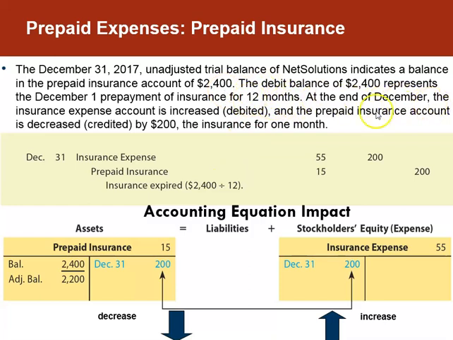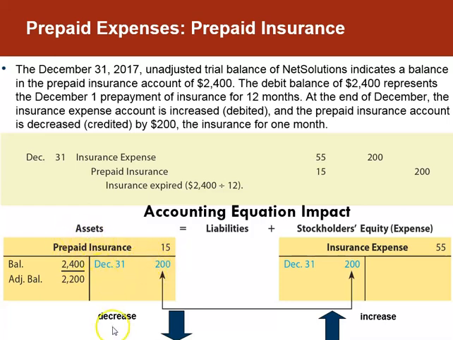At the end of December, the insurance expense account is increased, debited, and the prepaid insurance account is decreased, credited, by $200. That's because they used the insurance for a 1 month period from December 1 through December 31. So we had a balance of $2,400, we're going to credit that by $200.